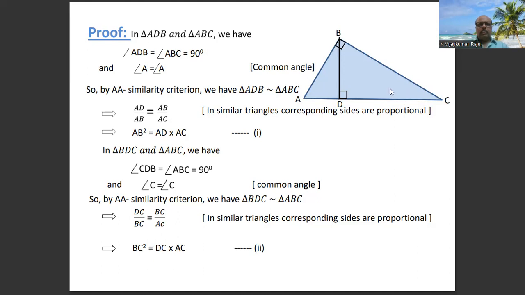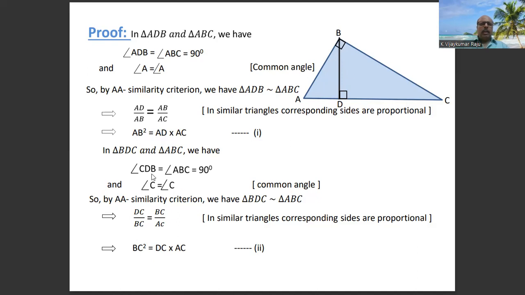Now let us take this side triangle and the complete triangle again, that is, triangle BDC and triangle ABC. When you take these two triangles, again this angle is 90. That is, angle CDB is 90 and angle ABC is also 90.